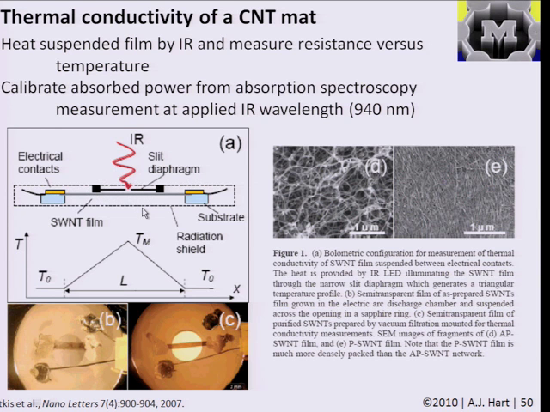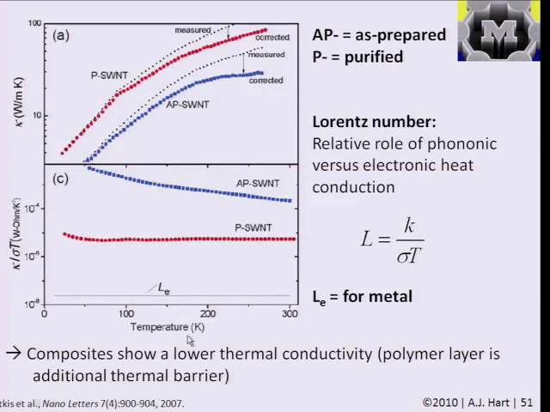So then by knowing the resistivity, the resistance versus temperature, the power dissipation, and the thermal emission, they can get a measure of the thermal conductivity of the assembly. It's what's called bolometry. And their results, you can see here, there's a picture of their apparatus where this ribbon of nanotubes is suspended. And what they do is measure the conductivity of this mat of nanotubes.